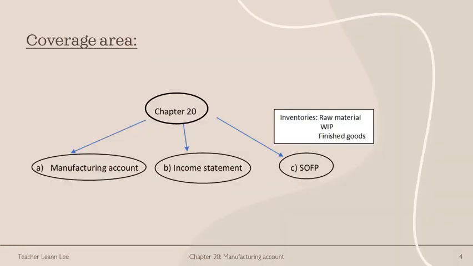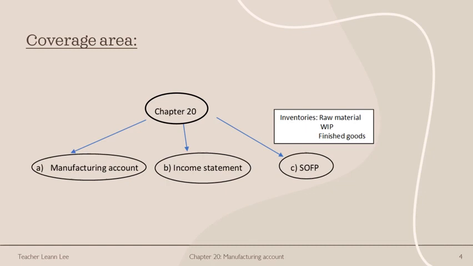In this topic we will focus on how to prepare your manufacturing account and later transfer the total cost derived from it into the income statement. Once you're done, you will find the profit or loss for the year and transfer it to the final financial statement, the SOFP, statement of financial position.